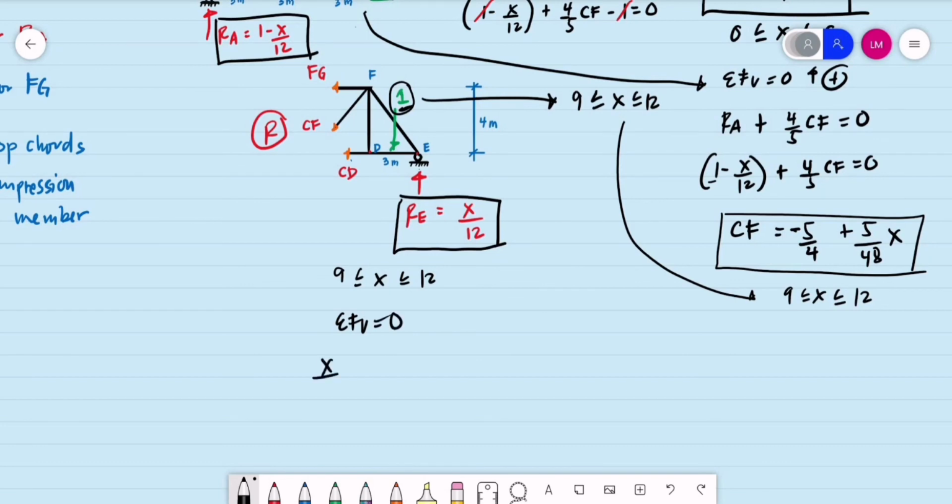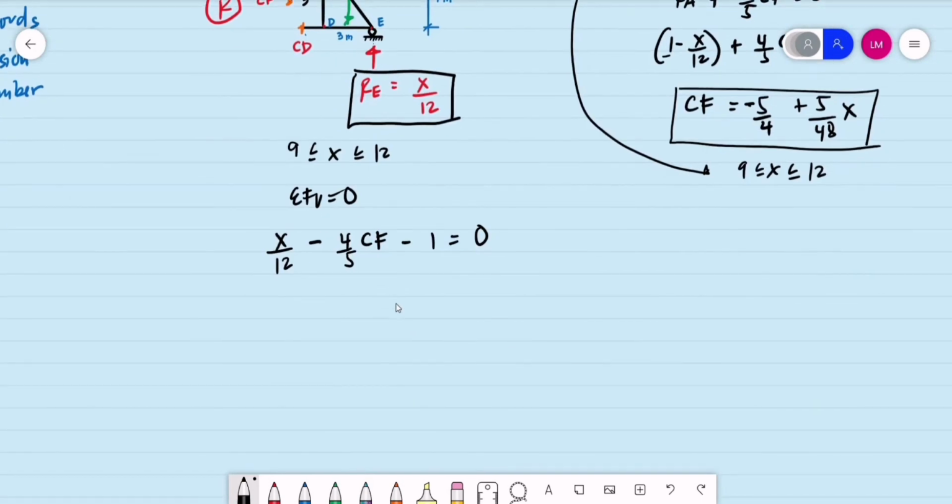That is x over 12 minus this CF, its vertical component is, again, 4 over 5 of the axial force for member CF since that is a 3-4-5 slope, minus the 1 unit load is now equal to 0.